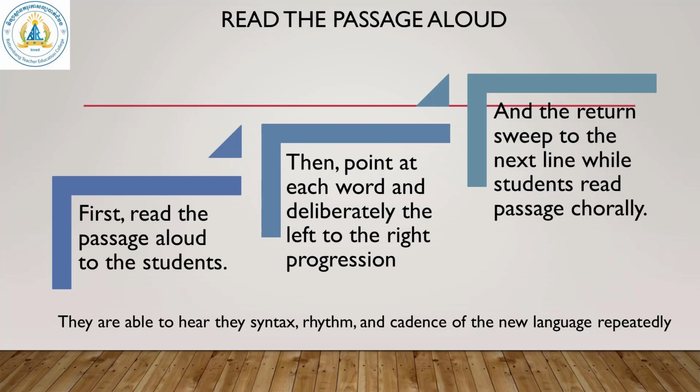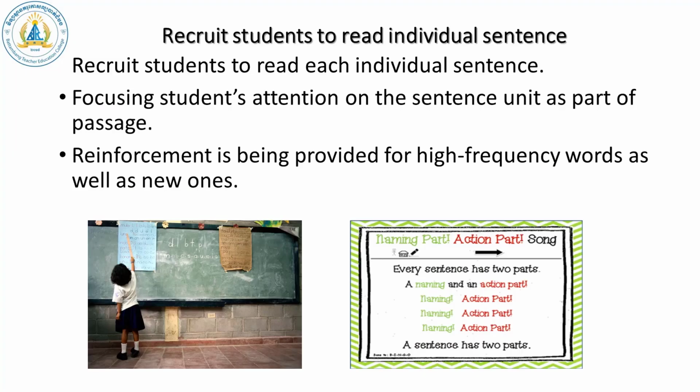Then, point at each word and deliberately show the left to right progression and the return sweep to the next line while students read the passage chorally. English learners and less able readers are thereby participating in the reading experience by being fed the words they hear around them.